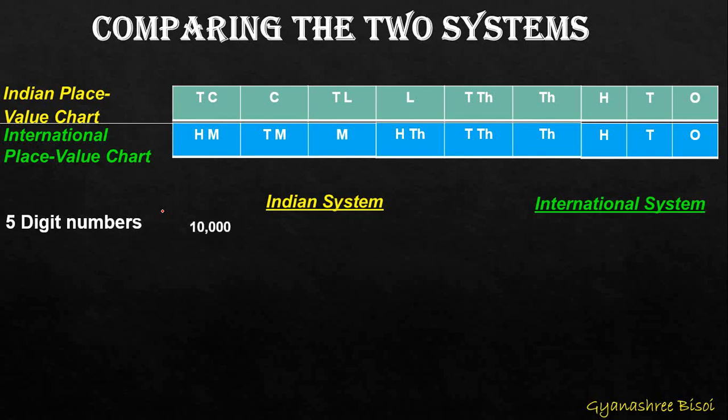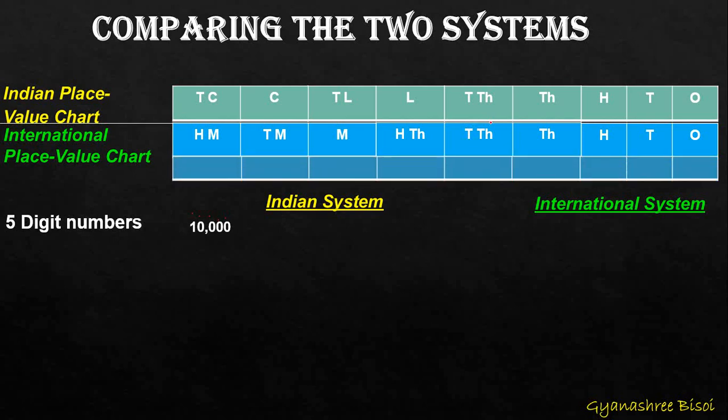So, let's take a 5-digit number, that is 10,000. How many digits are here? 1, 2, 3, 4, 5. 5 digits. So, it's a 5-digit number. Now, let me extend the table and put the digits in the chart. So, in the table, I have written 10,000.